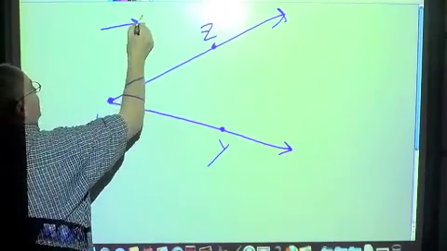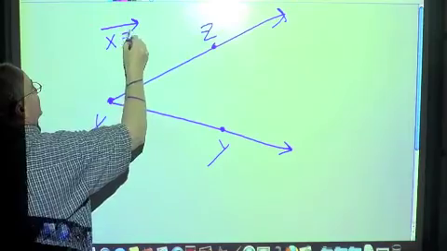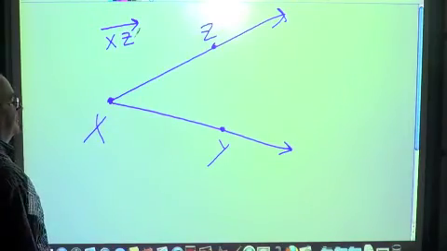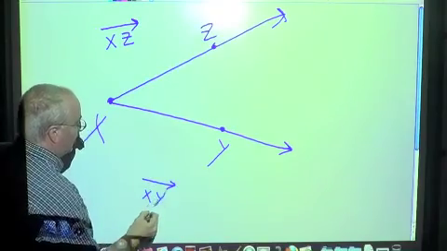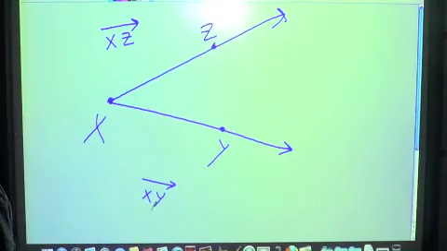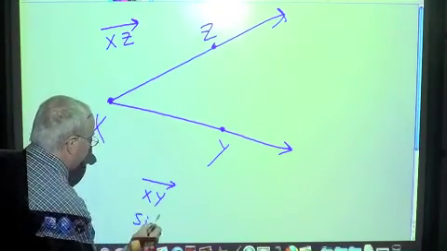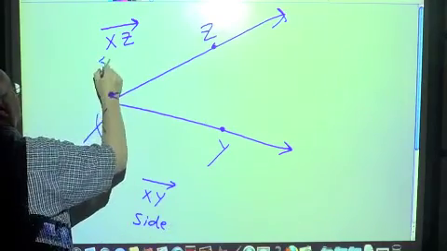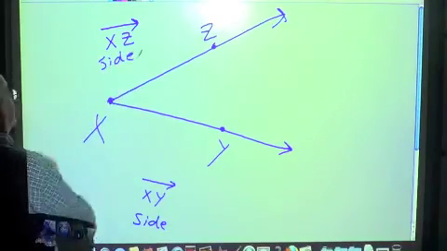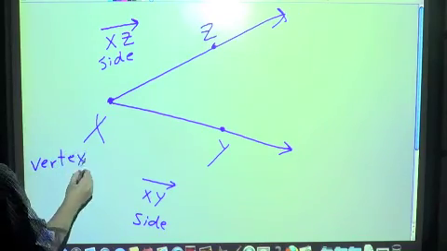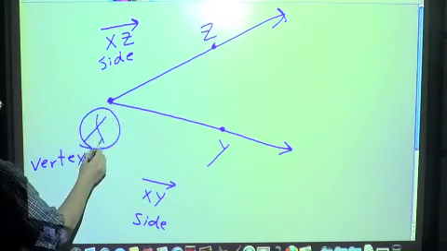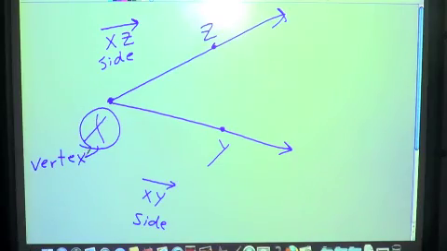It's going to be ray XZ. What's this one going to be called? It's going to be ray XY. What's the vertex? This is the side. This is the side. Vertex is X. Okay? Vertex is X.